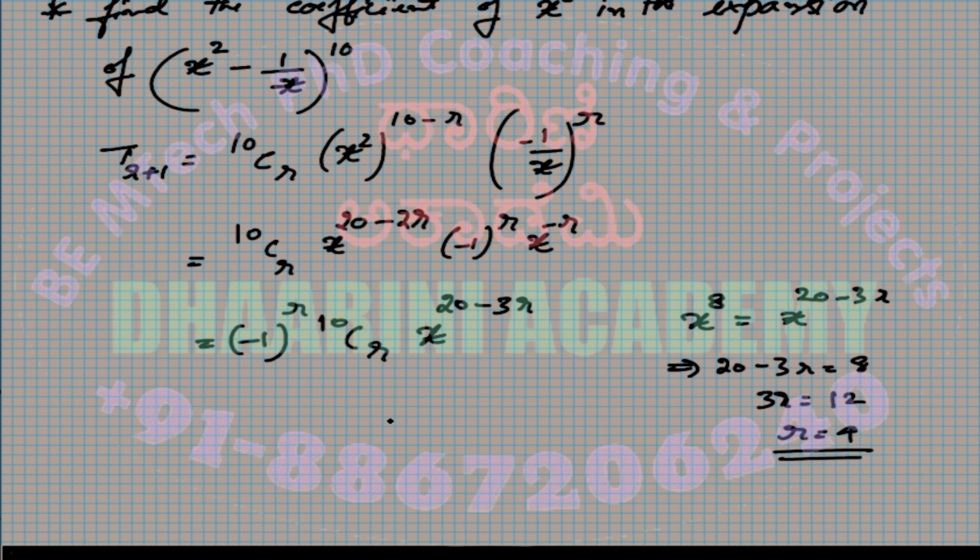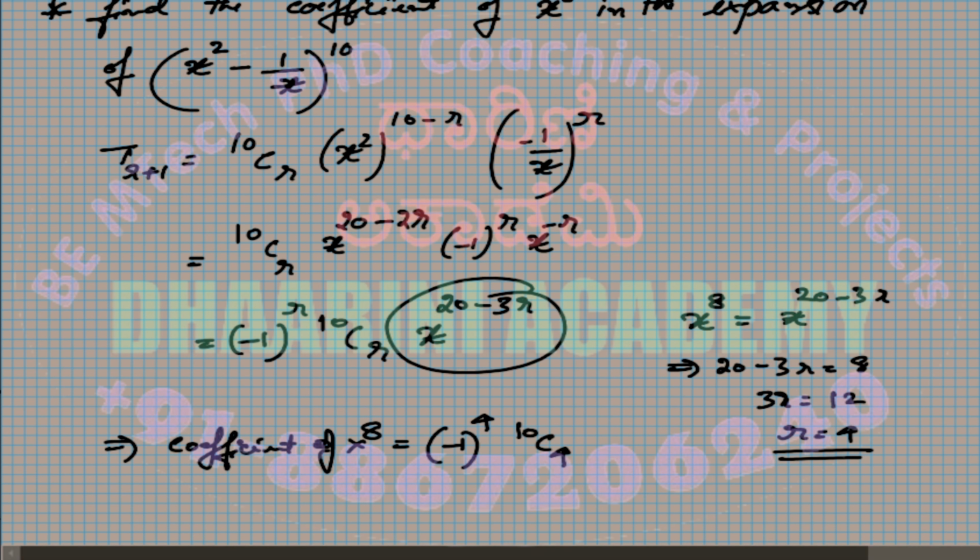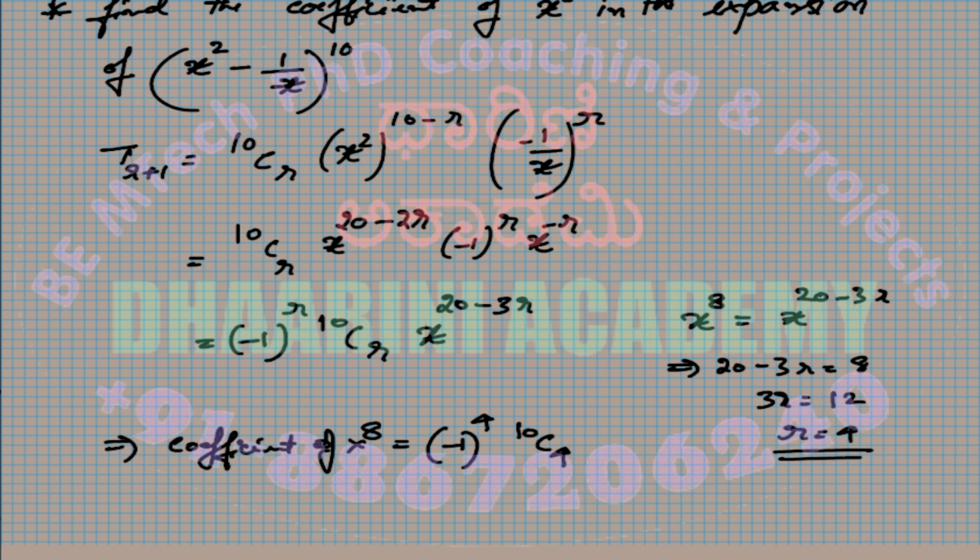Put r equal to 4 here. So this implies the coefficient of x to the power 8 is equal to, put r equal to 4 in the coefficient part. This is minus 1 to the power 4 into 10C4. That's all, because I don't have to write this number because it's x to the 8.